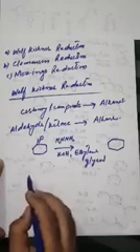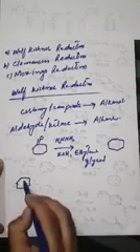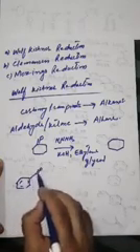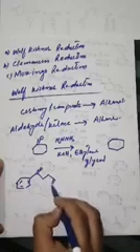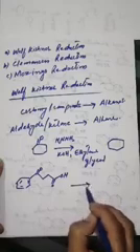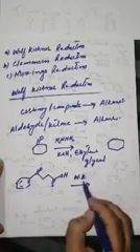For example, I'm writing here another compound to make this idea more clear for you. Instead of writing all these reagents, I will simply write WK, Wolff-Kirshner reduction.